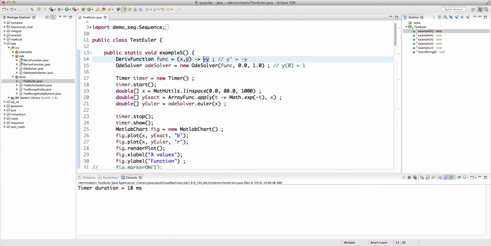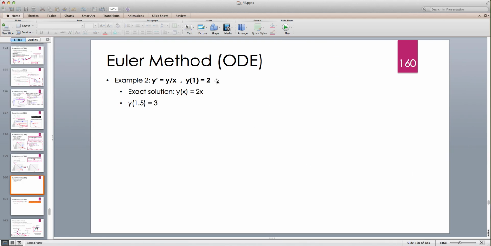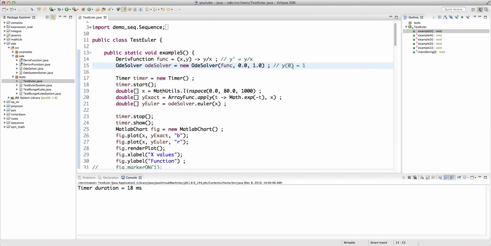So x and y goes to y over x. And then this is my derivative function, and then I create the ODE solver, passing in the function and the initial condition. What was the initial condition? y of 1 is 2.